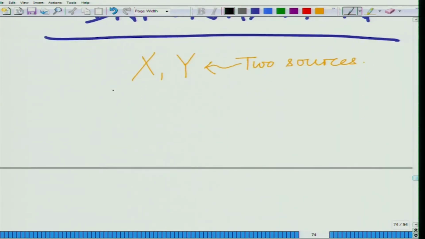Then the mutual information between x and y is denoted by I(x;y). Correct.